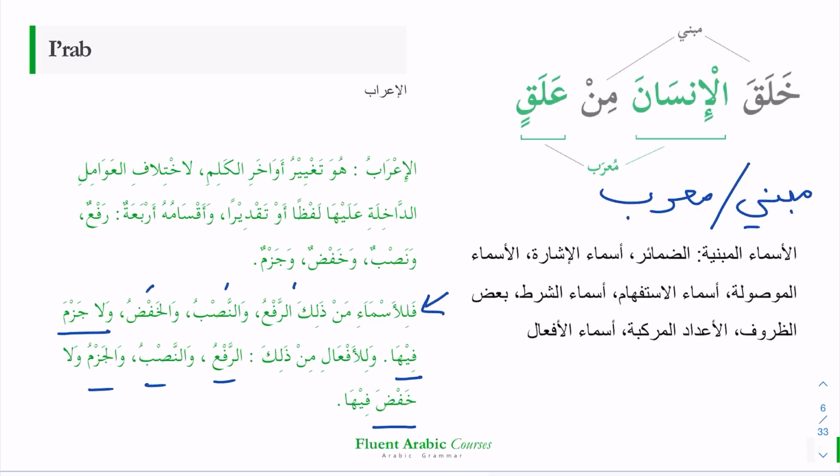There are some words in the sentence that are always fixed, or they are unaffected by their position in the sentence, or by the awamil, or the governing agents acting upon the word. No matter what happens to the word, it never changes. These words are called mabni, or fixed words.